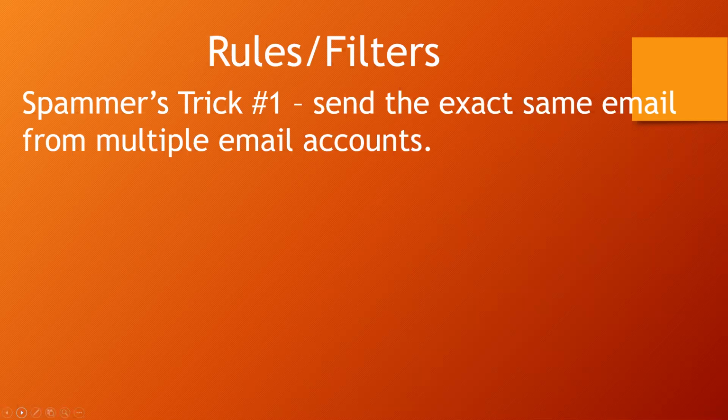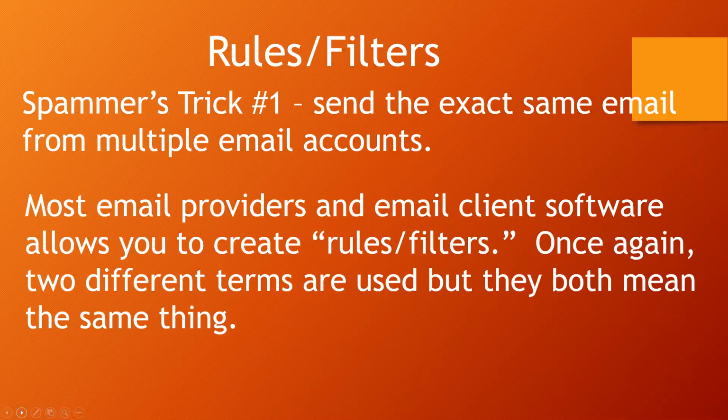So a way around that is to create what we call a rule, or Gmail calls them filters, and a few others do. And almost all providers give you the option to create rules and filters. Now, again, just like spam and junk means the same thing, rules and filters means the exact same thing. So if I use one or the other interchangeably, it means the exact same thing.